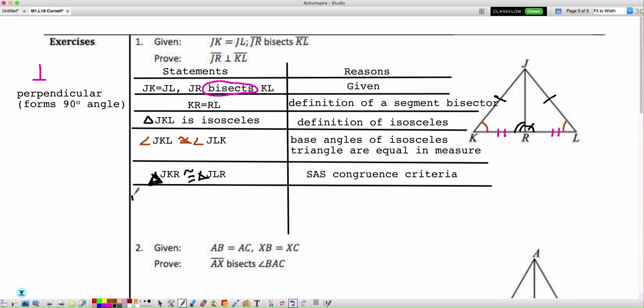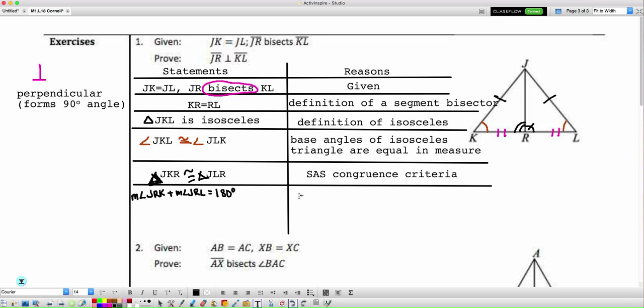So I'm going to say that the measure of angle JRK plus the measure of angle JRL equals 180. And then I'm going to say my reason is linear pair.